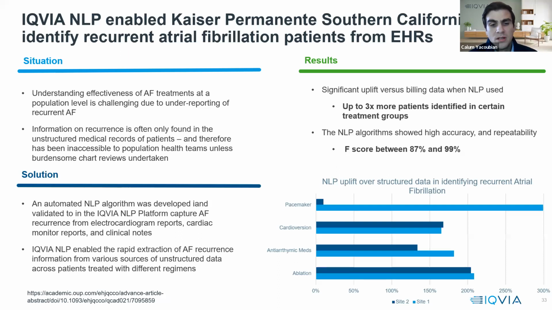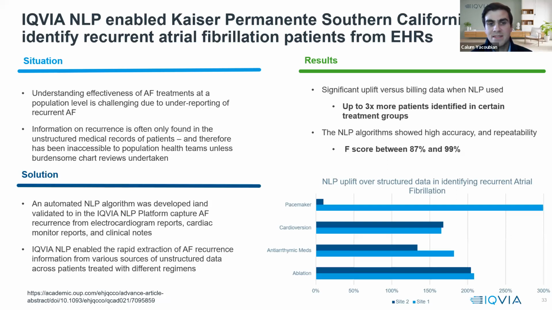So within the cardiology department at Kaiser, they were trying to better understand the effectiveness of different atrial fibrillation treatments, but they were finding it challenging to do this because so few patients who had AF had coded recurrent atrial fibrillation, which would be the main thing that they were looking for as an indication of poor treatment response.